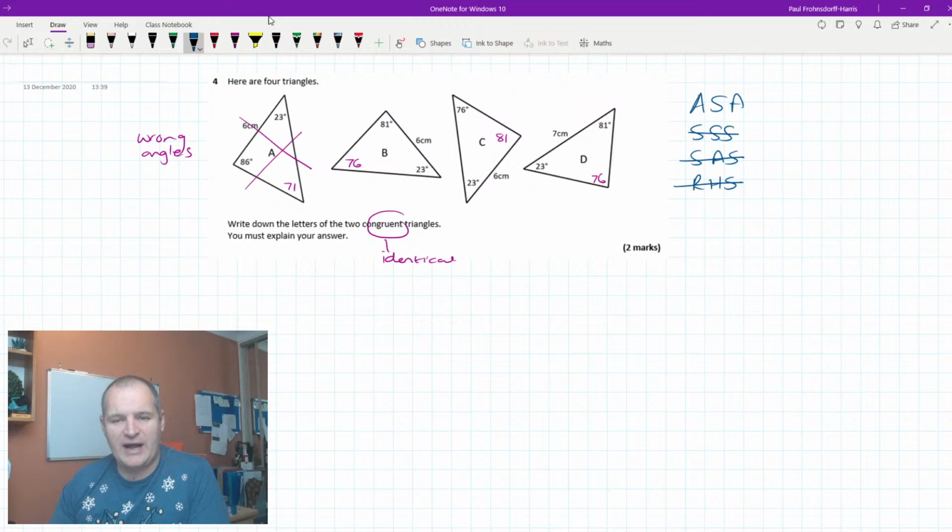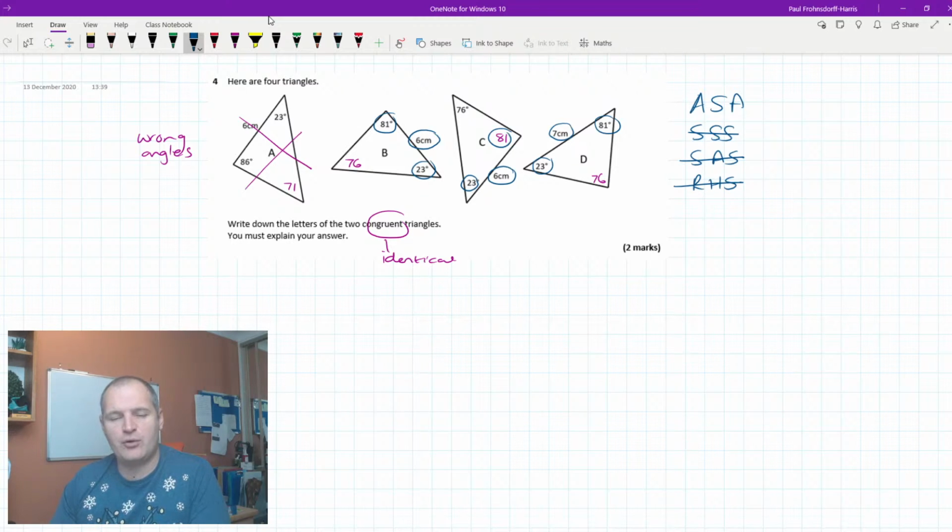But what we do have is that this angle and this angle have a 7 between them. So we look at the same 2 angles, 23, 81 and 6. We need the side that's in between the 2 angles we've chosen to be the same. We could do it with different angles, but we're doing the ones that are in between.